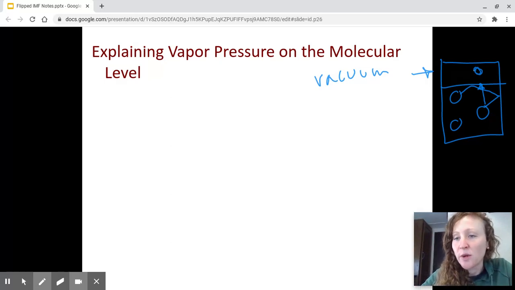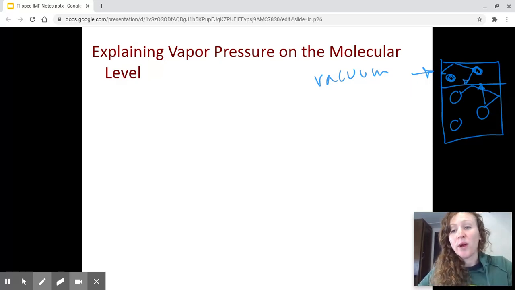So once we have a specific amount of molecules that have escaped their solution, then those molecules in the gas phase are now bouncing off the walls of their container, bouncing off each other, bouncing off the surface. Some of them re-enter the surface.